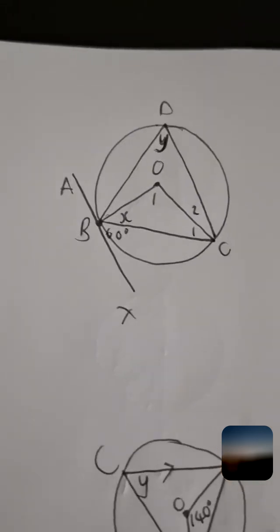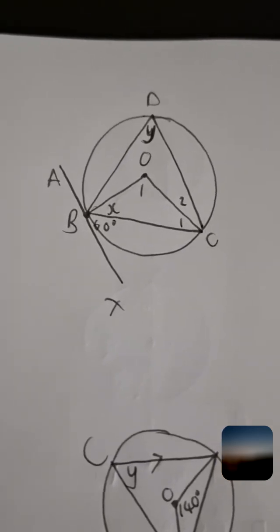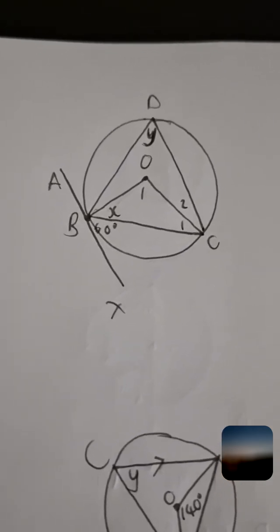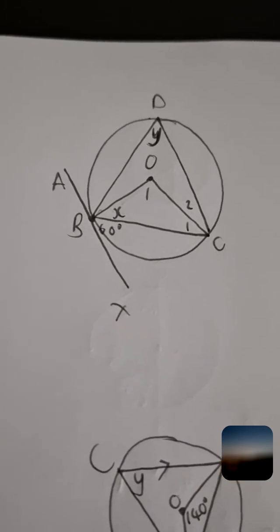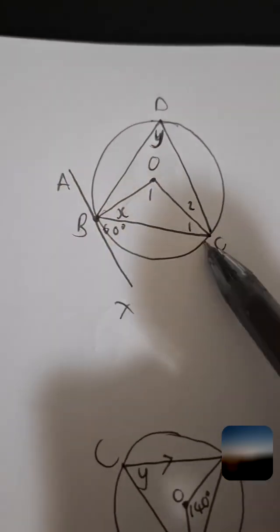We are given that ABT is a tangent, right? Yes. Then angle OBT is equal to 90 degrees.